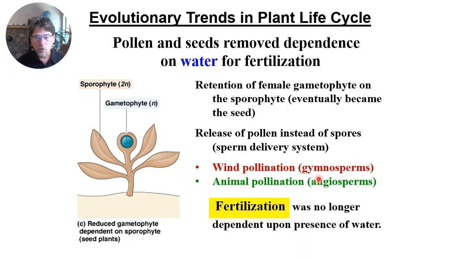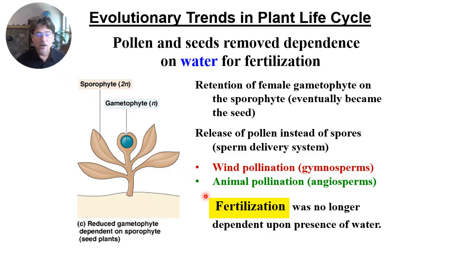In most gymnosperms, the plants are pollinated by wind. The plants make a lot of pollen and it's dispersed by wind, and some of that pollen lands on the female part of the plant and carries out reproduction. In many flowering plants, or angiosperms, animals act as pollination vectors, and these are some of the well-known insect pollination mechanisms, which are one of the really fascinating aspects of flowering plants.